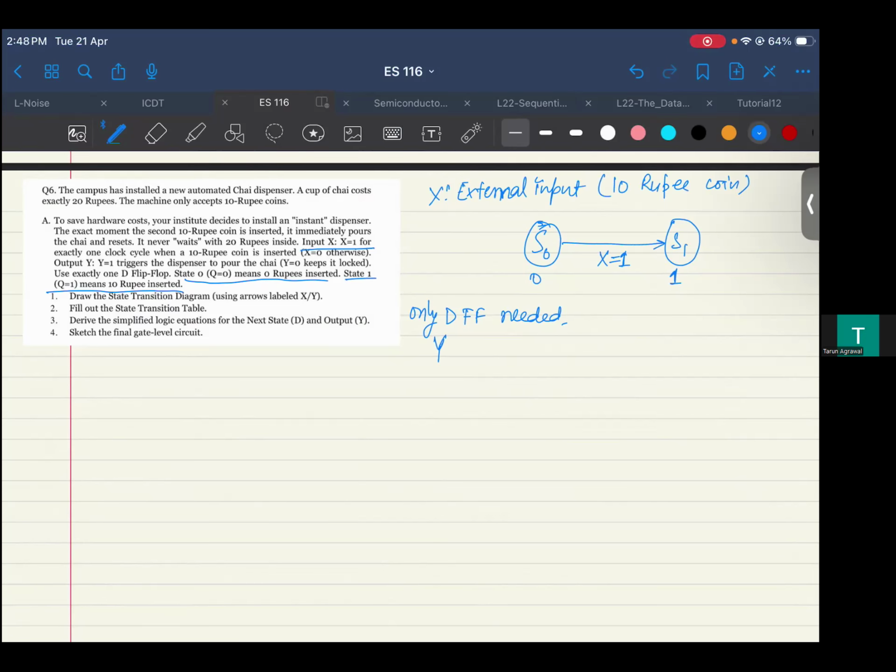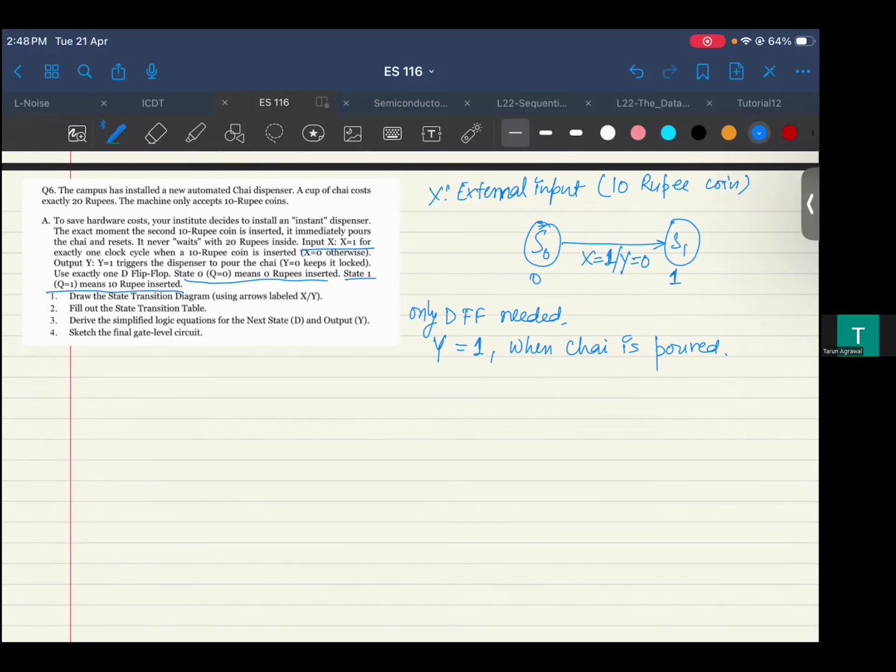Y equal to 1 is when chai is poured. So when X is 1 in this case, Y is 0, because putting in a 10 rupee coin only takes you from state 0 to 1, and chai is not poured yet.